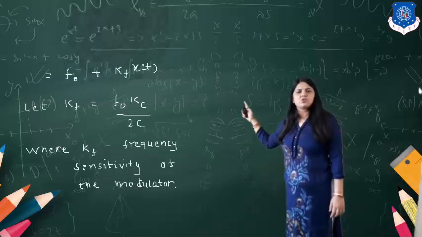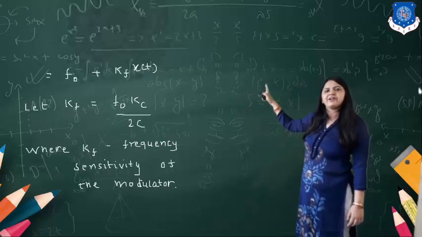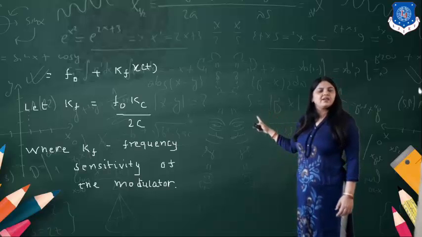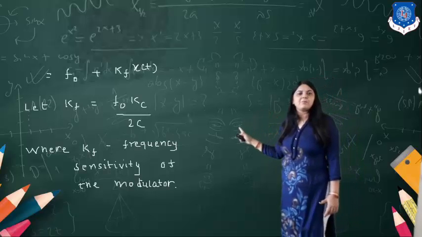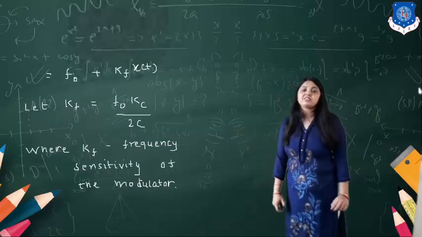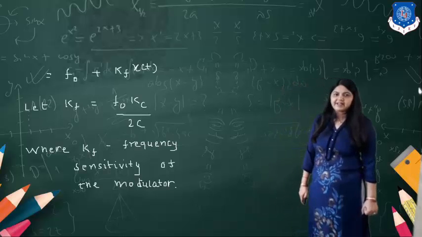So this is f0 plus Kf into x(t), and Kf is f0 Kc upon 2C, where Kf is the frequency sensitivity of the modulator.